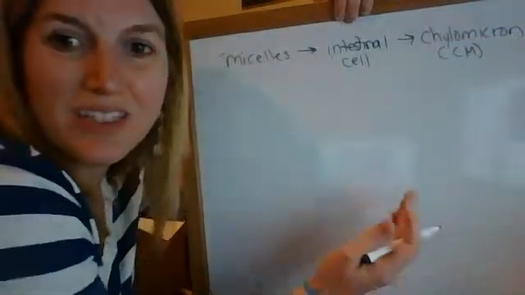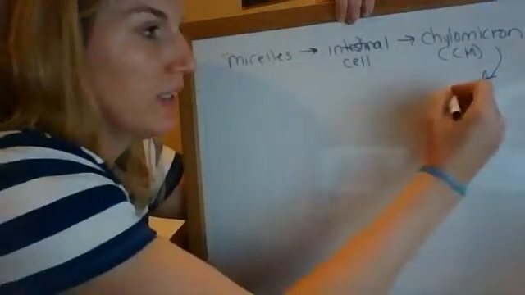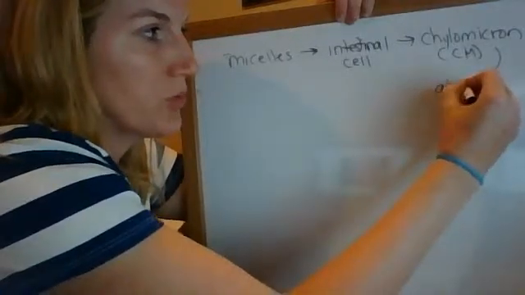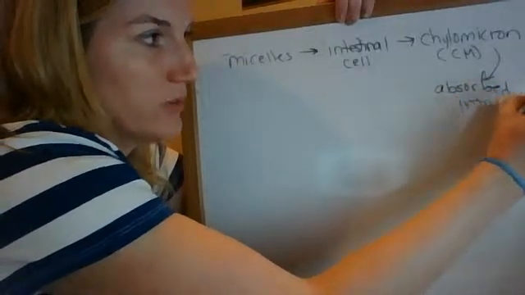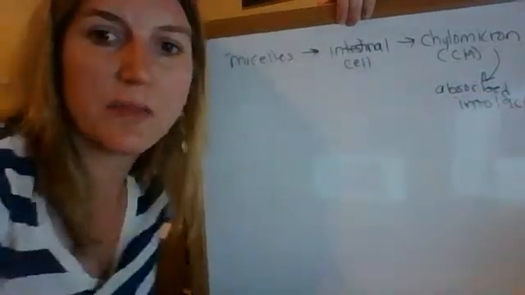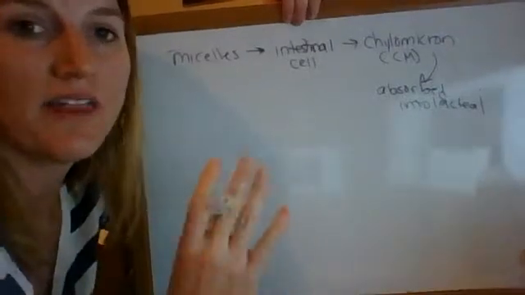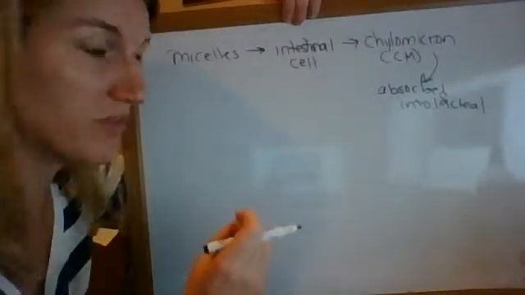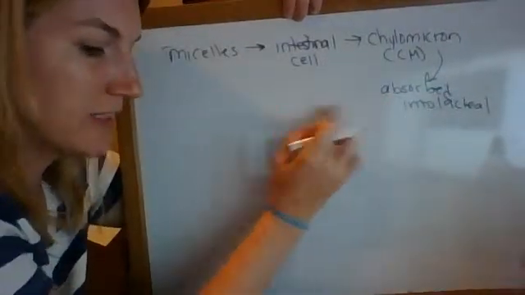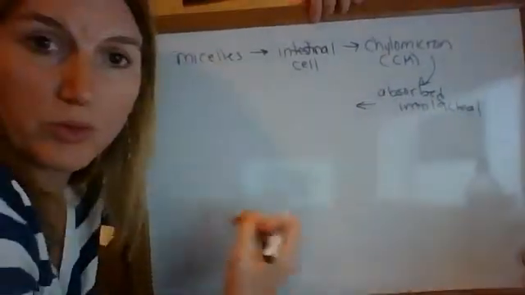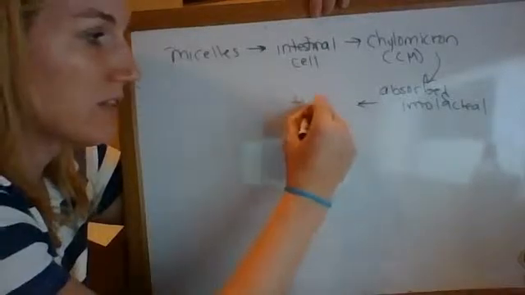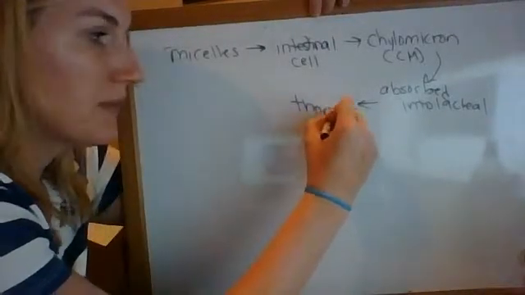It's basically a little fat droplet, and that chylomicron is absorbed into the lacteal. Remember, the lacteal is just this specialized lymphatic duct that's in those villi of the intestinal cells. So it's absorbed into the lacteal. And from there, it's going to go through the lymphatic system, through the thoracic duct. Remember lymphatic system anatomy.